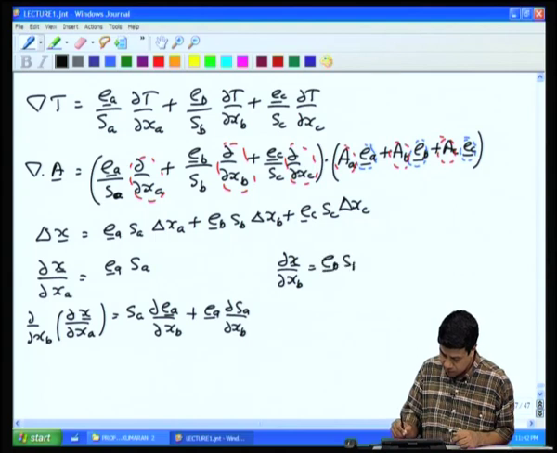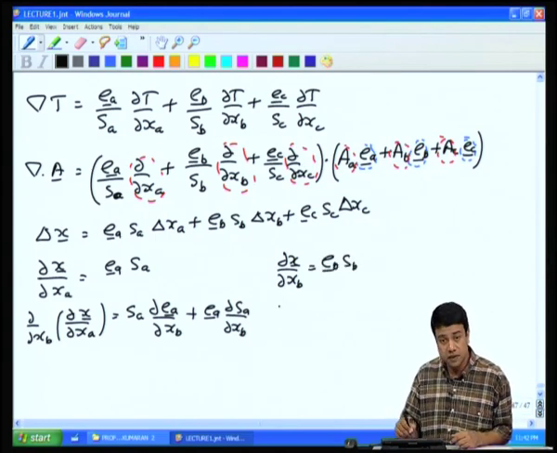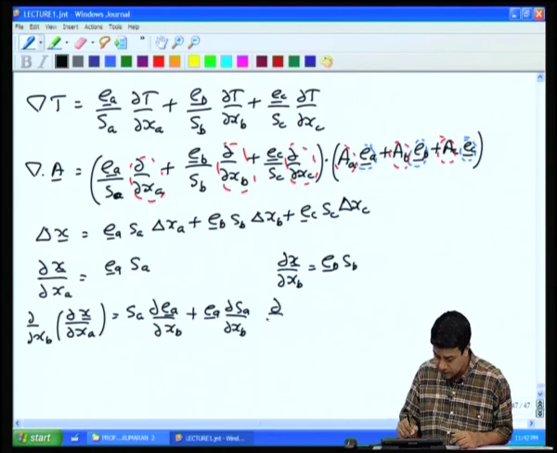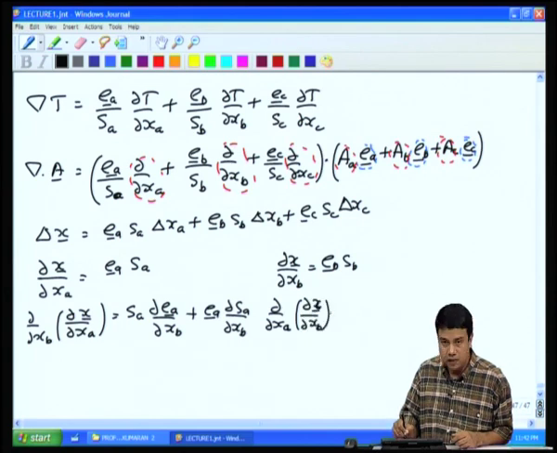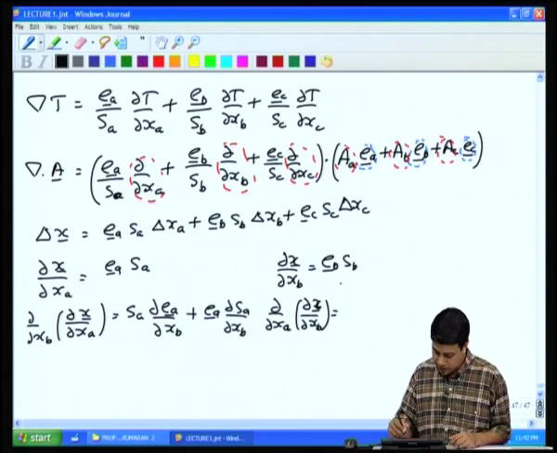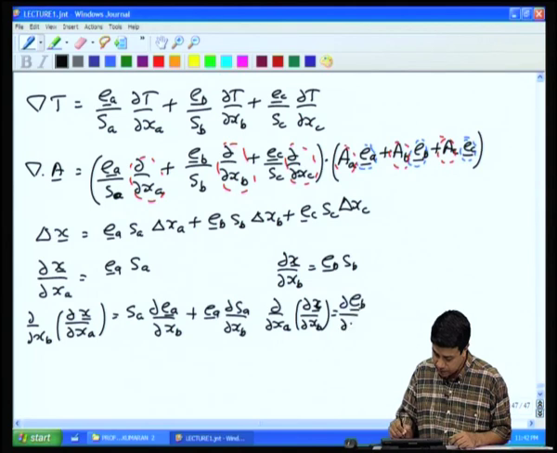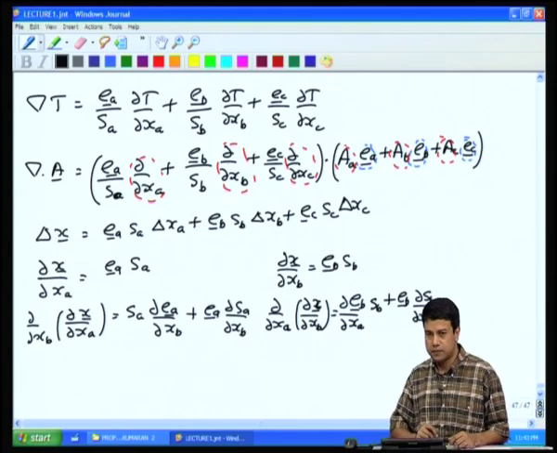Now, we can take the derivative of this with respect to a, d by dx_a of partial x by partial x_b. Okay. You can write it quite easily once again. So, this is equal to partial e_b by partial x_a S_b plus e_b partial S_b by partial x_a. Okay.